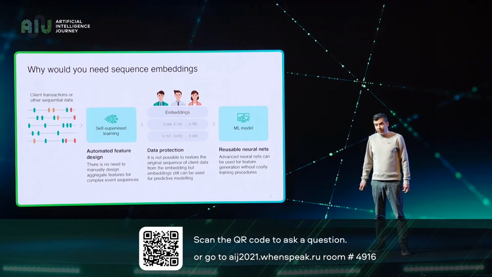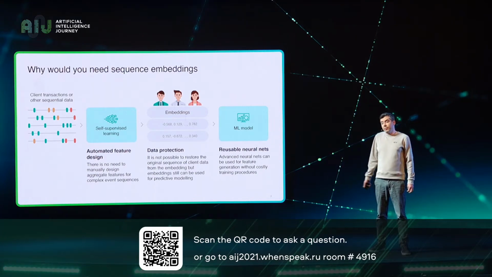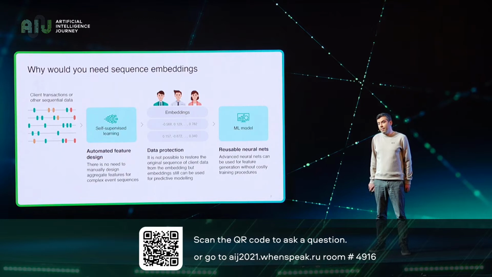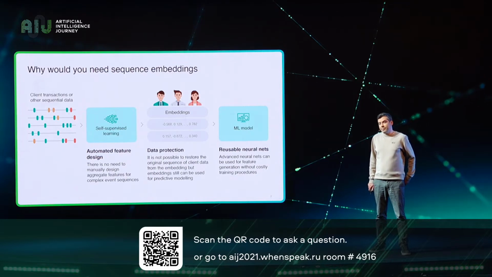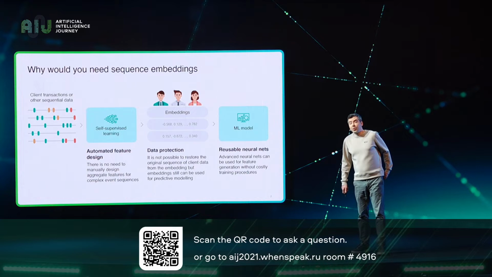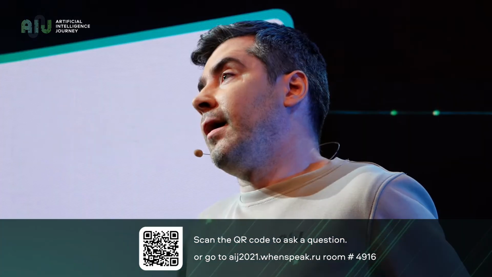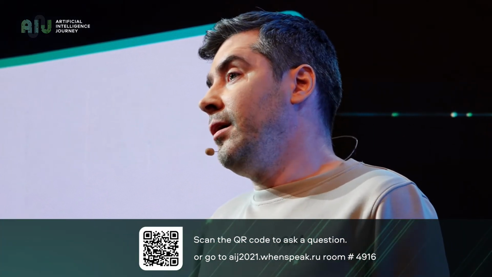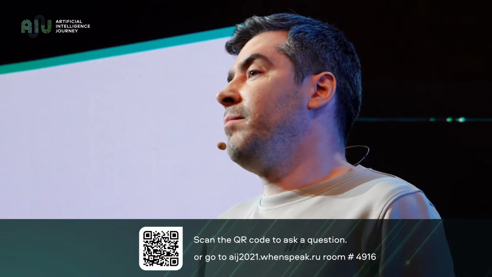The second good advantage is that they are smaller than our sequences, and that helps us save computing power, and definitely this is good for the ESG goals, and it's easier to process and store these data.